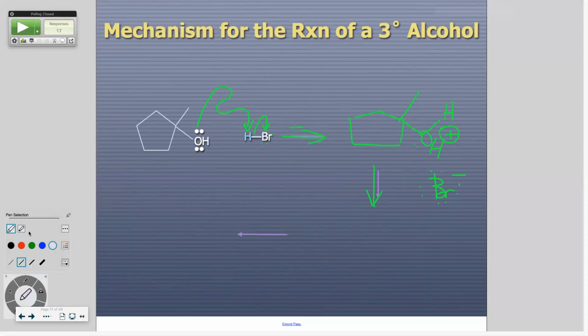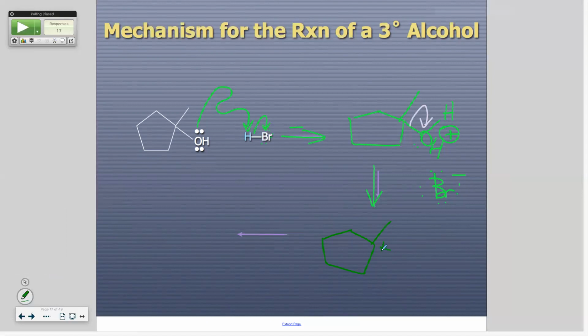How do you show that with the arrow? Yes, that bond is going to the O. There are 2 electrons in that bond. They go to the O, and the O now has 2 what? Lone pairs. What about the carbon that it was bonded to begin with? What does it have? A positive charge. And then we made H2O.